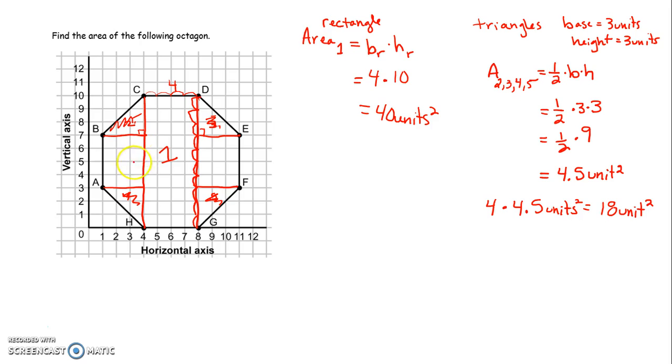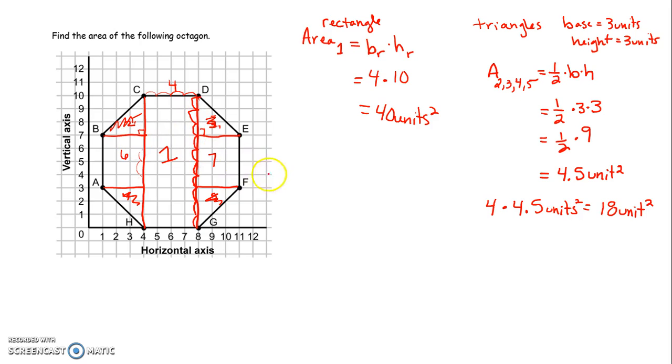All right, so now I just have to worry about areas 6 and 7. Let's take a look. Area 6 is a rectangle and it has a base of 3 and a height of 4. Area 7 has a base of 3 and a height of 4. Awesome.